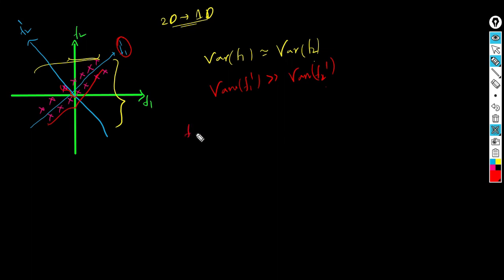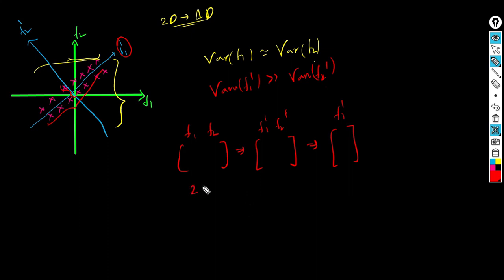We have F1 and F2 as the features in the data. By rotating the axes we get F1 dash and F2 dash. We observe that F1 dash has maximum variance, so we will consider only F1 dash here.